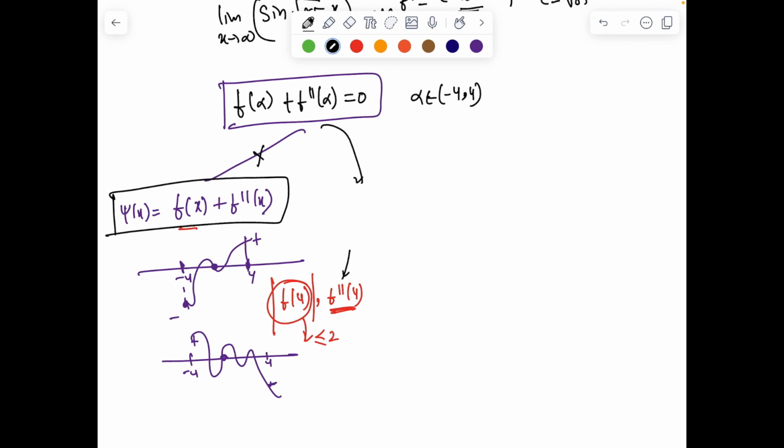But we have some hope, because the other way of applying Rolle's theorem is, on the mother function I'll apply Rolle's theorem such that its derivative becomes this function. So basically we'll try to find a function whose derivative is f alpha plus f double dash alpha.